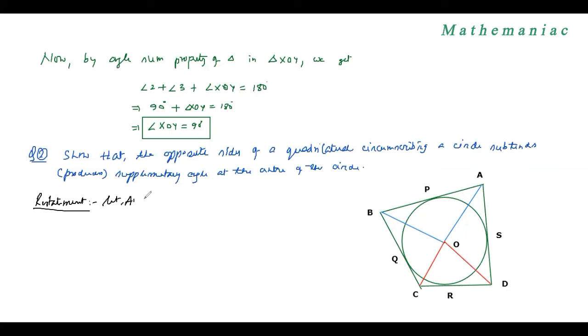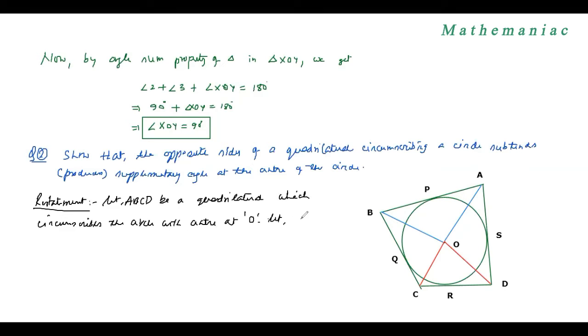Let ABCD be a quadrilateral which circumscribes the circle with center at O. Right?